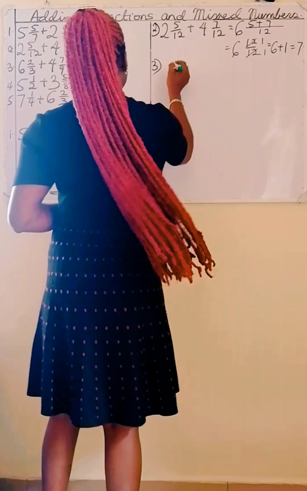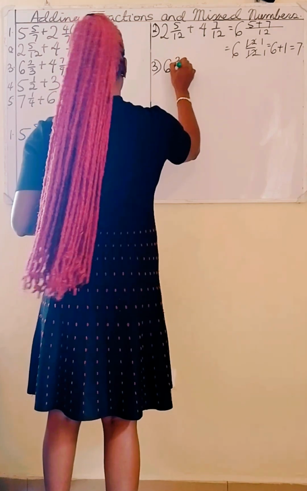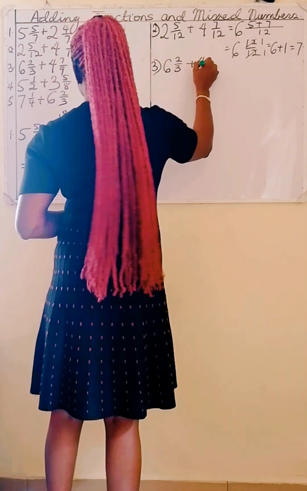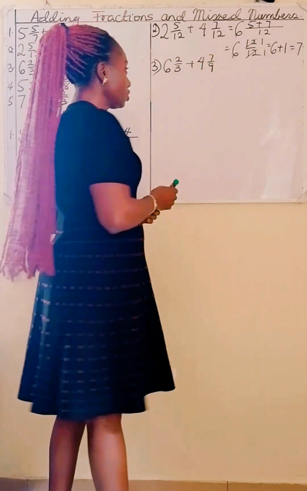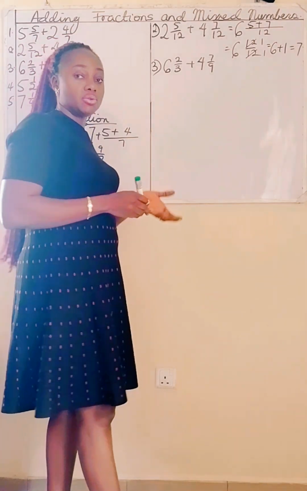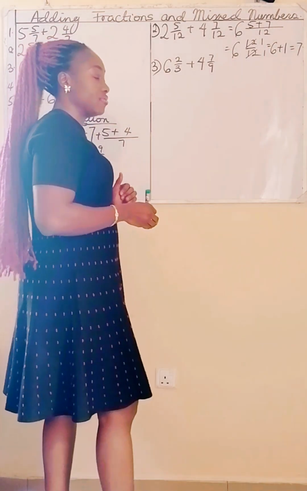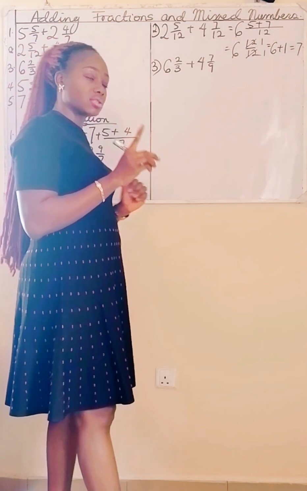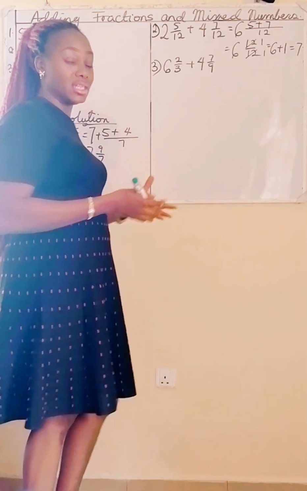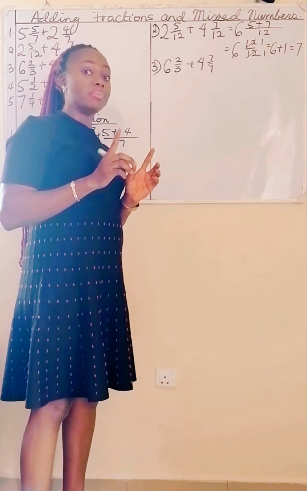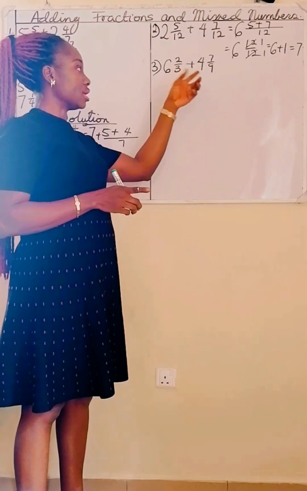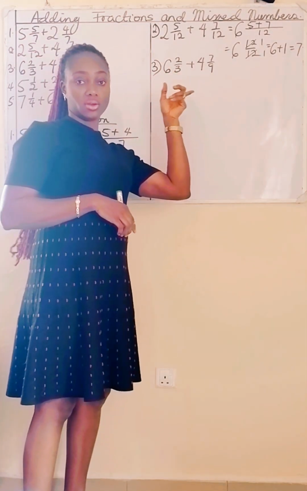Number 3. 6 wholes 2/3 plus 4 wholes 7/9. Okay. Now here we don't have like denominators, but we have unlike denominators. But one of the denominators here can actually stand as LCM because the second number can actually go into the other denominator.